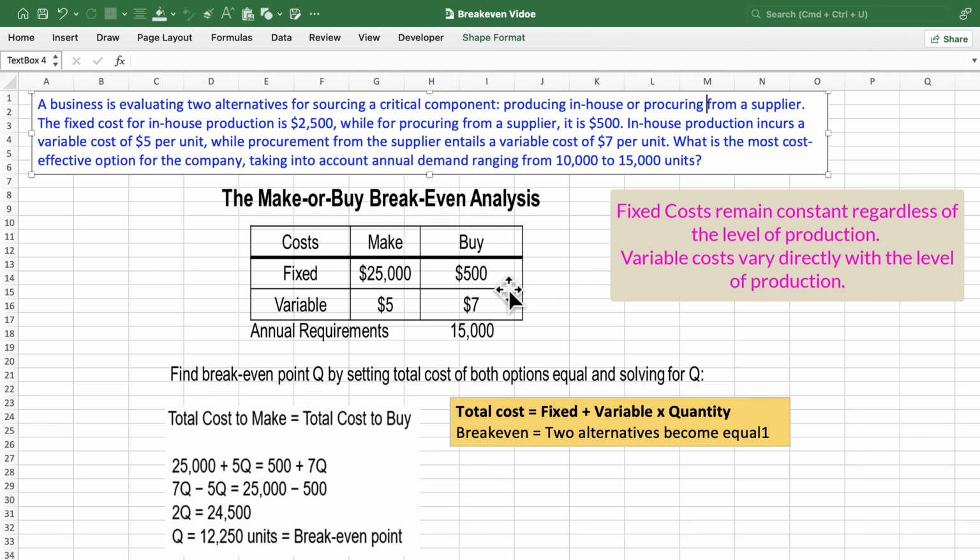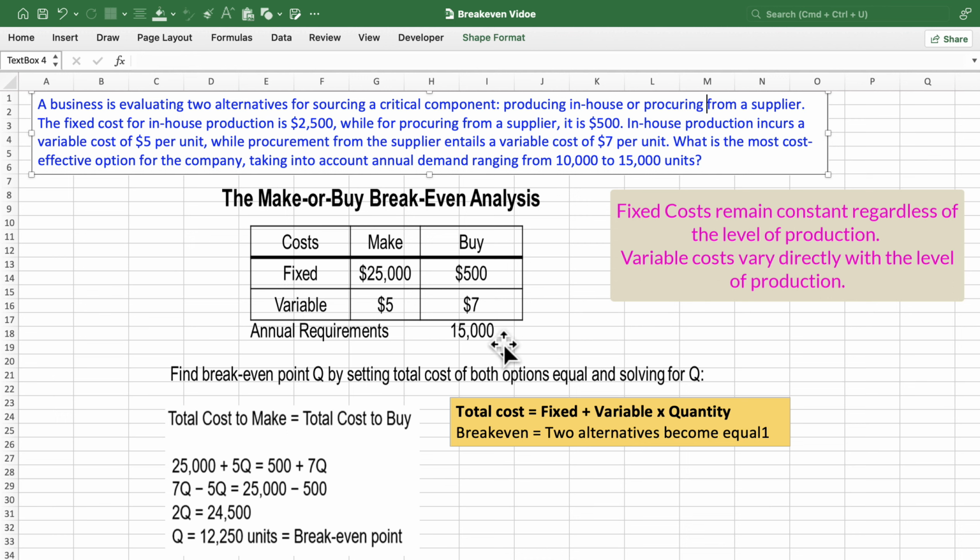However, if you decide to buy from a supplier, then that fixed cost would be very small. It could include contractual agreements, and then there is variable cost. Variable cost, that's the cost per unit, and this cost is always per unit. So the variable cost when the company makes it in-house is $5, but when they buy it from a supplier, then that incurs $7.